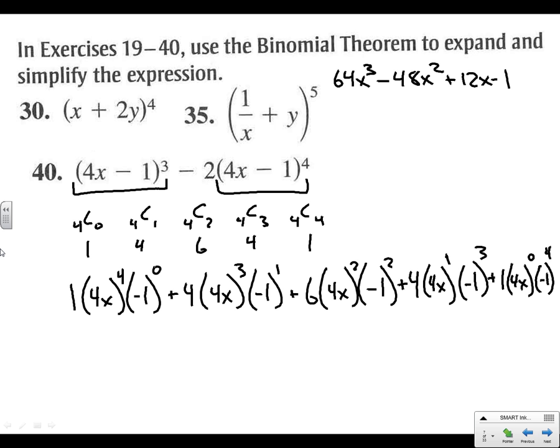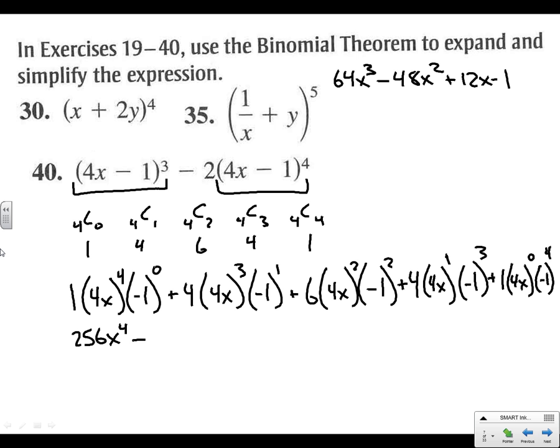Okay, so clean this up. 4 to the 4th is 64 times 4. What is that? 256, x to the 4th, plus 48 times 4 again. Let's see. Sorry, plus 256, so this will be a minus.